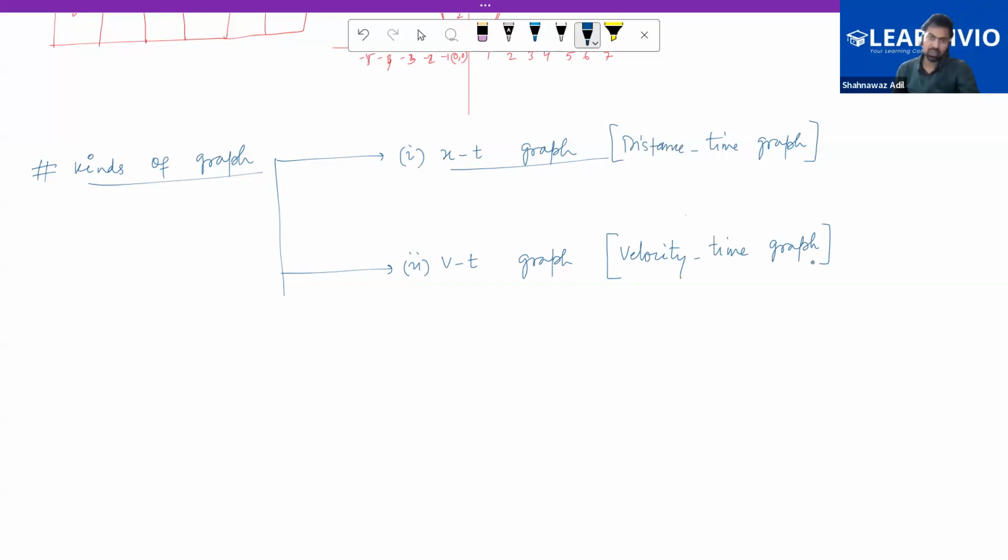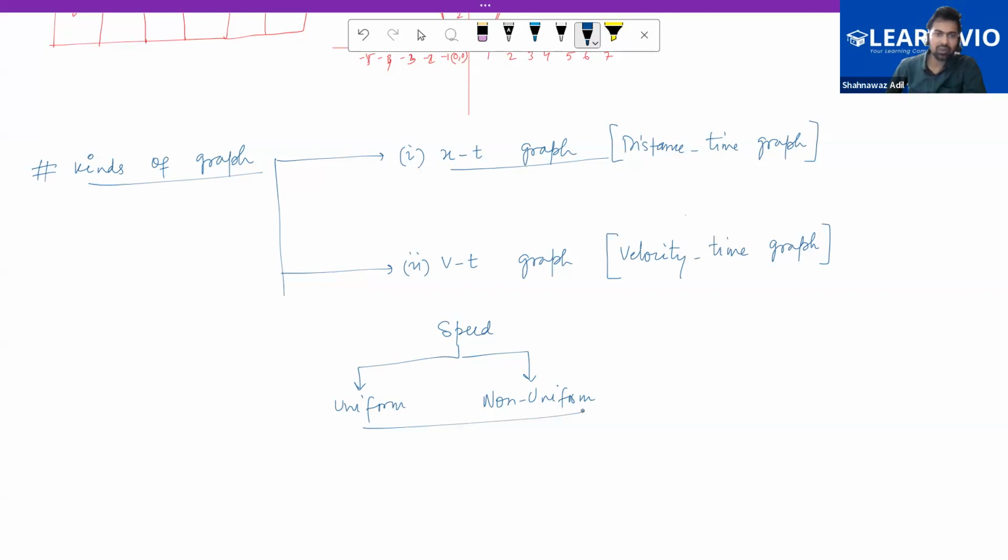Do you remember how many kinds of motion we saw? We saw that speed has two types. One was uniform and the other was non-uniform, right? So we saw this from the other point of view.